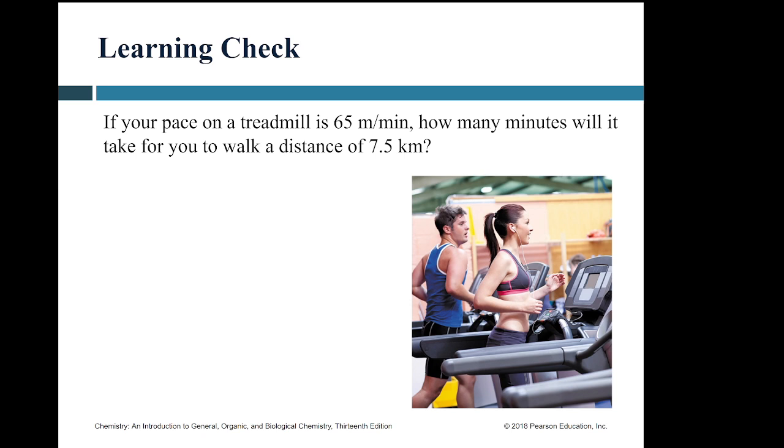Okay, so how do we go with this one? We find out what we have. So what do we have? We know the distance is 7.5 kilometers, which is 7,500 meters. You could do conversions if you're comfortable with them right off the bat, and then just apply it. So 7.5 kilometers, that's what we have.